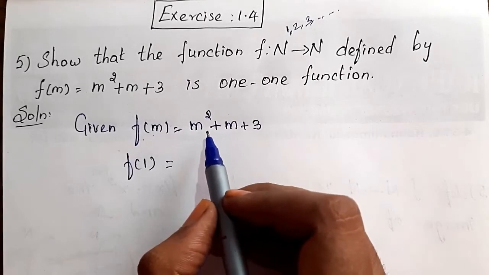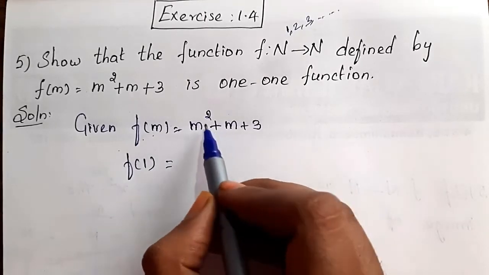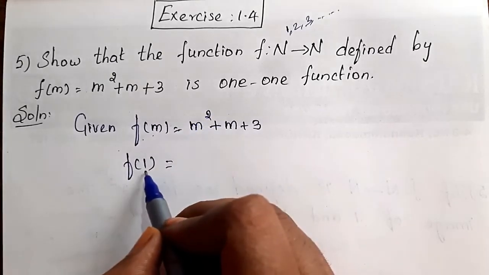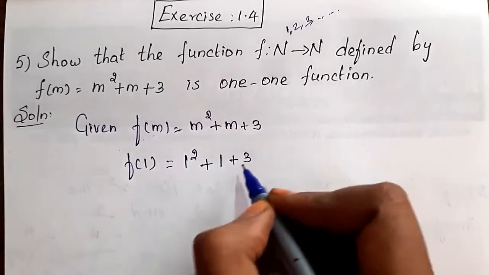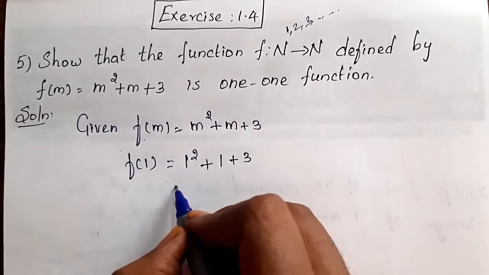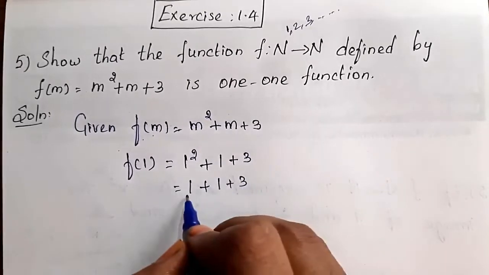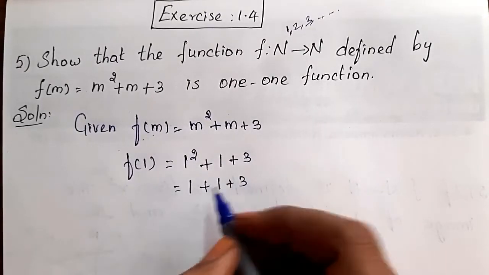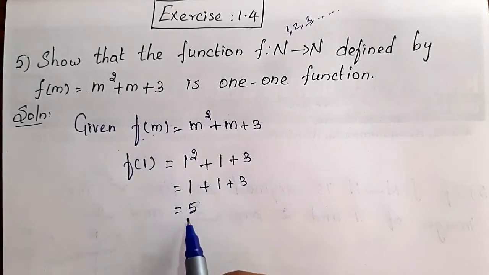So f of 1 equal to, here a little change. In the previous problem you had x, but in this one you have m. So in place of m you can apply the value 1. So 1 square plus 1 plus 3. Now 1 square value is 1, plus 1 plus 3. 1 plus 1 is 2, 2 plus 3 equal to 5. So if you apply 1 you get 5. So 1 goes to 5.